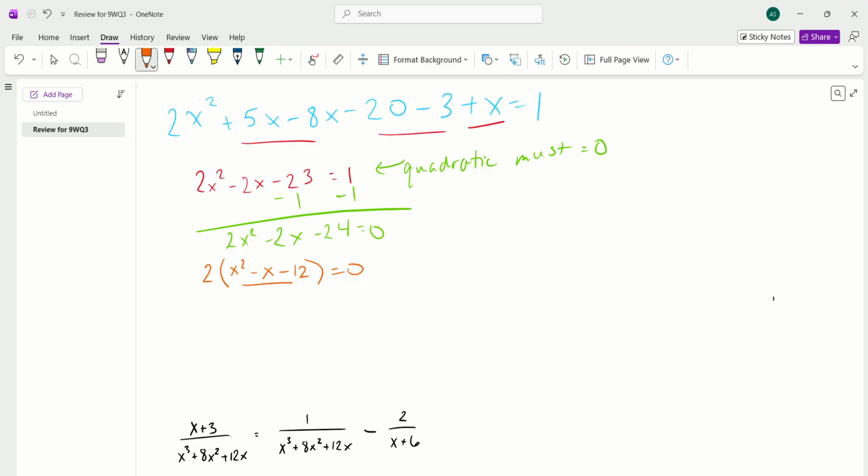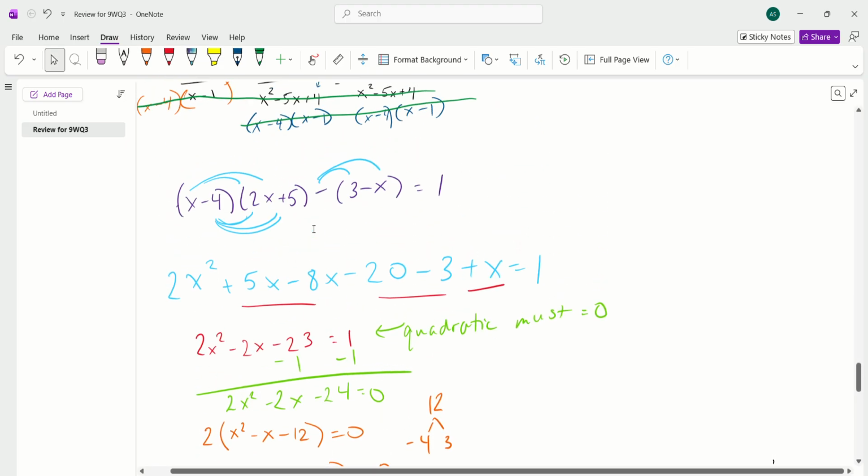And then I can factor what's inside my parentheses again. Here I'm just thinking what multiplies to negative 12 that adds to negative 1. That would be negative 4 and 3. And once again, everything inside the parentheses is opposite. So you're going to get x equals 4 and x equals negative 3.